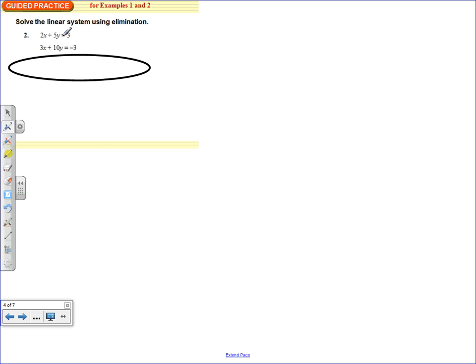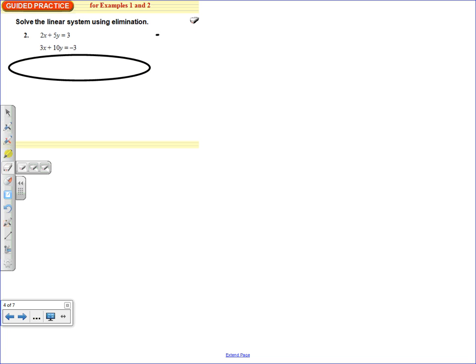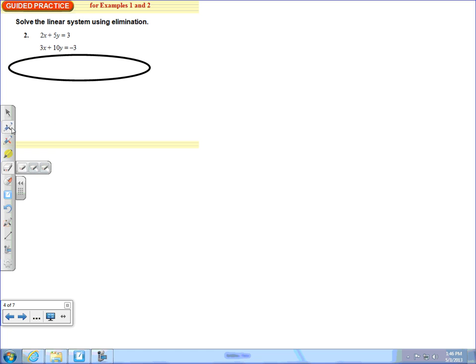In this example, we have 2x plus 5y equals 3, and 3x plus 10y equals negative 3. Let's leave the second equation alone, and let's multiply the first equation times negative, oops, my mistake, not times negative 5. We want to multiply the first equation. We have a positive 5.